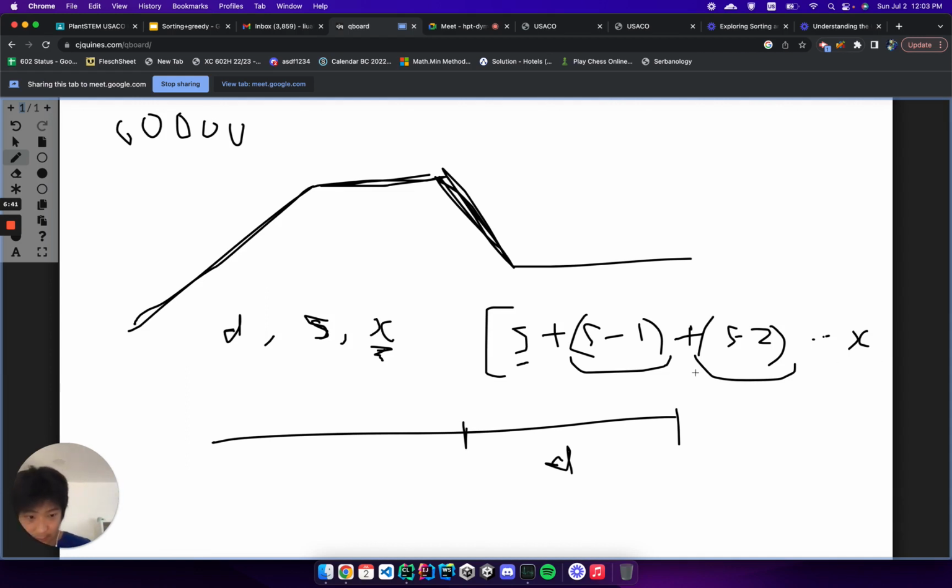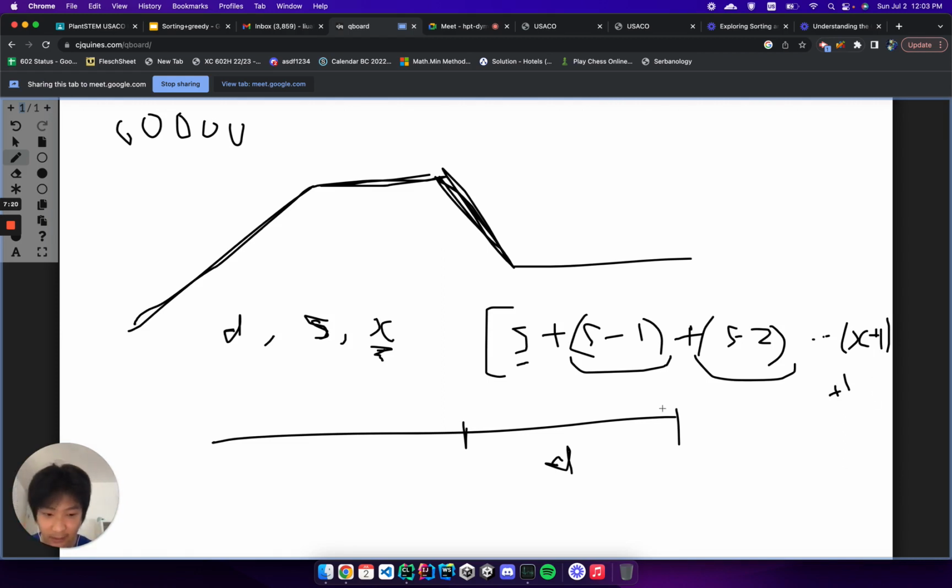To be more accurate, the distance that you need is actually this all the way to x plus 1 instead of x, because you only need 1 second to actually slow down to x.